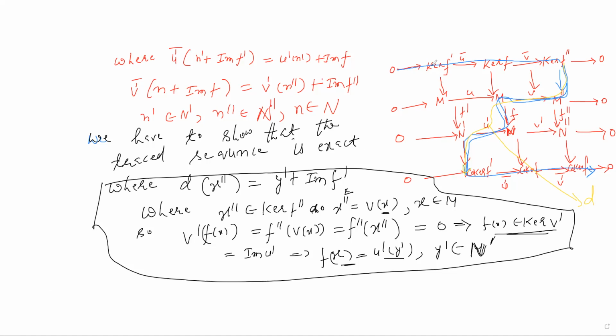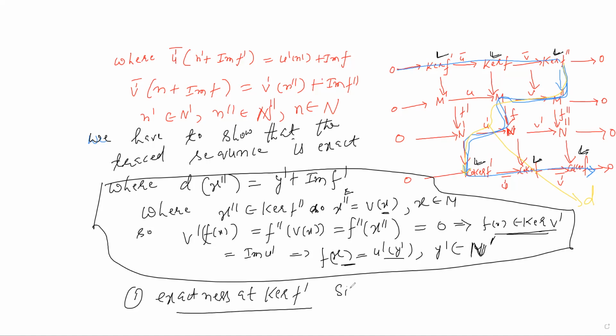Now, to show that this sequence is exact, we need to check the exactness at this point, this point, this point, this point, and this point, respectively. Now, at this point it is clear because since u is injective, u bar is also injective. So exactness at kernel f dash.